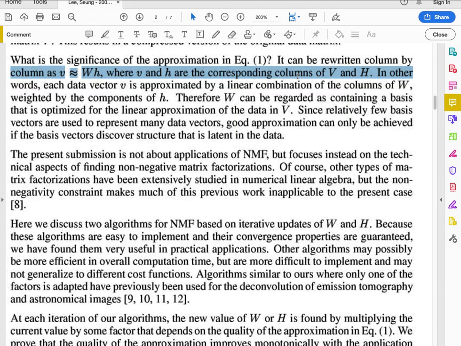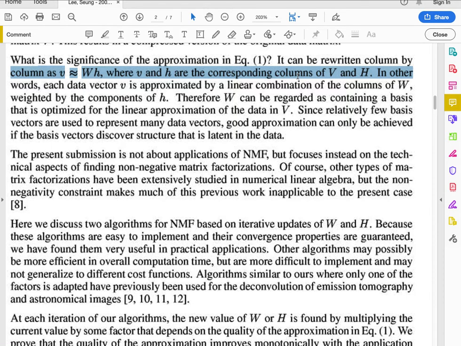Okay, so I have a question now. In PCA, what was your W? You represent your data in terms of what kind of vectors? Eigenvectors. So W was eigenvectors.